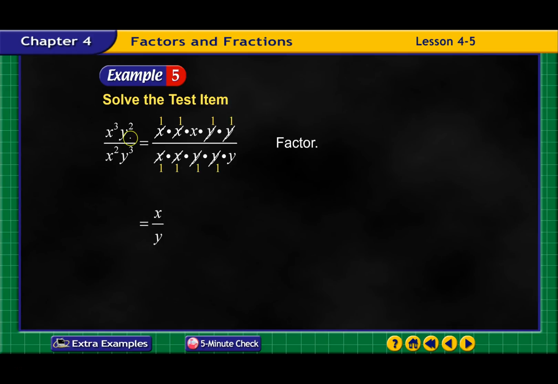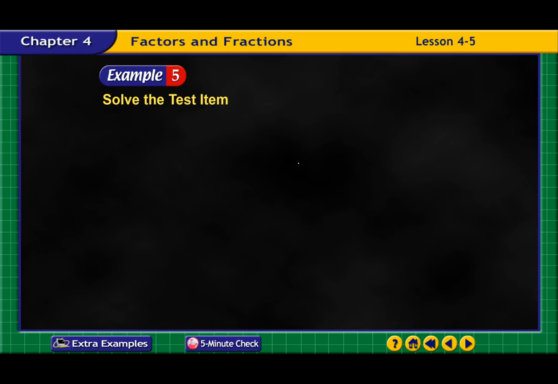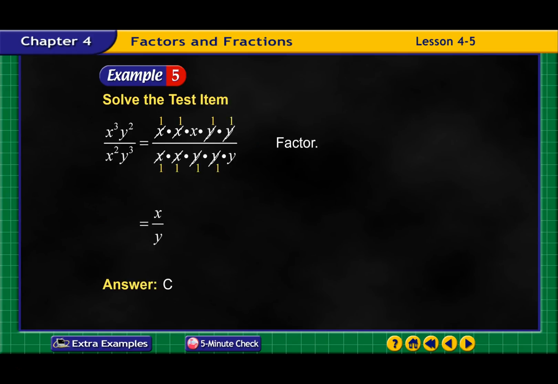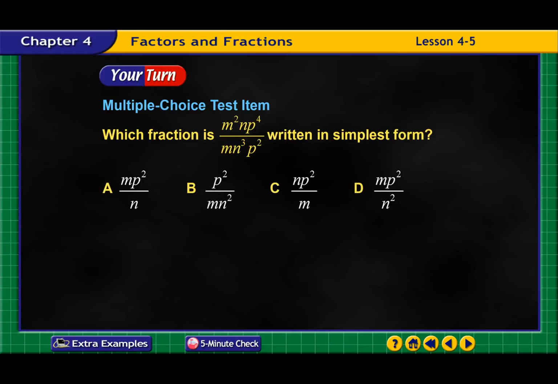The other thing you could have done over here is gone 3 over 1 and just left 1 on top, 3 over 2, leave 1 on the bottom. It's another way to do that when it's just x and y. So the answer would have been C when we went back and looked. Go ahead and give that a shot.